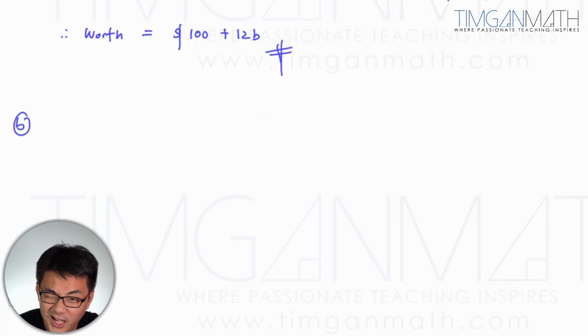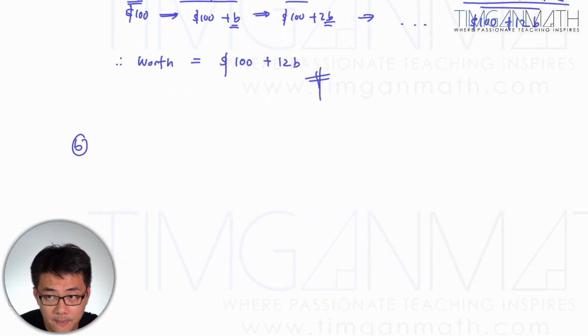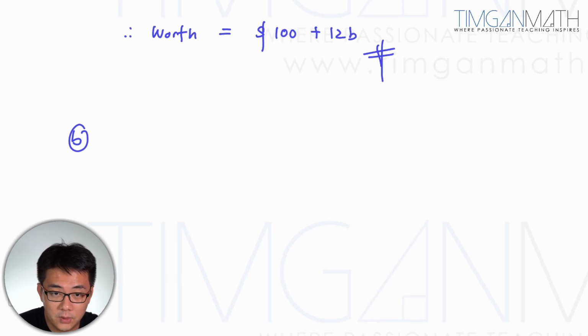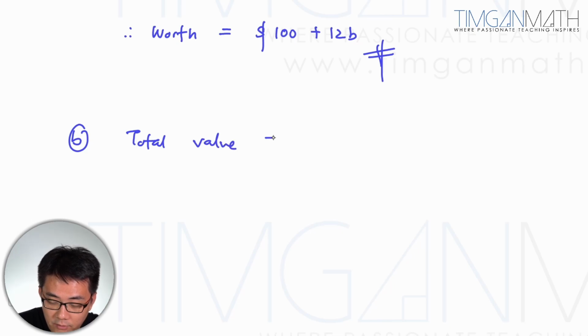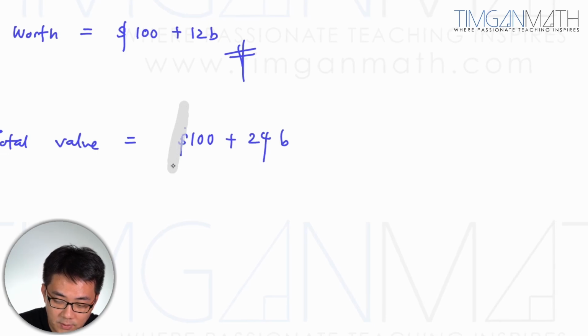Okay, great. So I think I'm going to use the same concept here. You have 24 months, right? So if you invest from the start, the total value will be 100 plus 24B, because you have 24 months. This is the investment here.